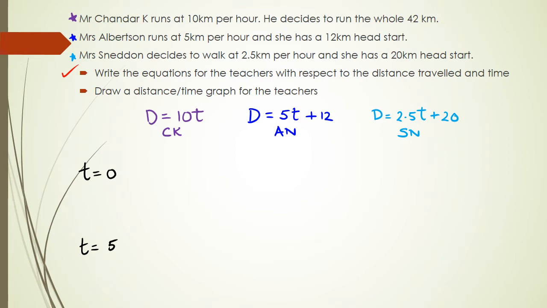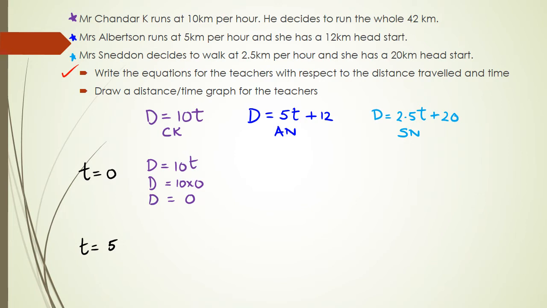Okay. And the reason I put t equals 0 and 5 is I would like to substitute for each one of them. So for example, for Chandikay, we know that the formula is d equals 10t, and when t is equal to 0, we have 10 times 0, and the distance he's traveled is 0.